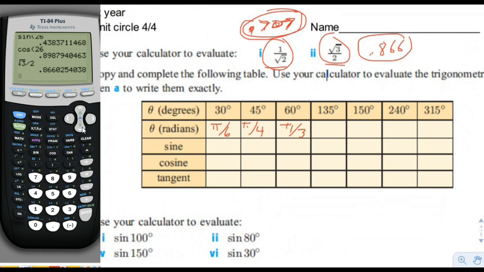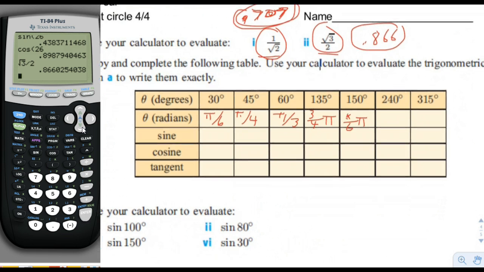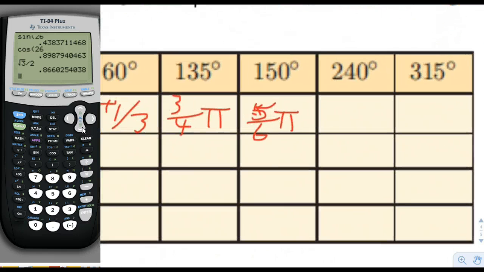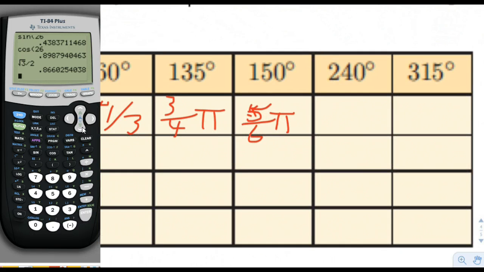135 is 90 degrees plus 45, so that would be pi over 2 plus pi over 4, which would be 3/4 pi. 150 degrees is 30 degrees short of 180. That would be 5/6 pi. 240 degrees is 60 degrees more than 180 degrees.